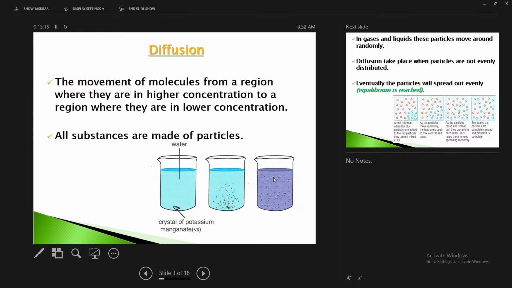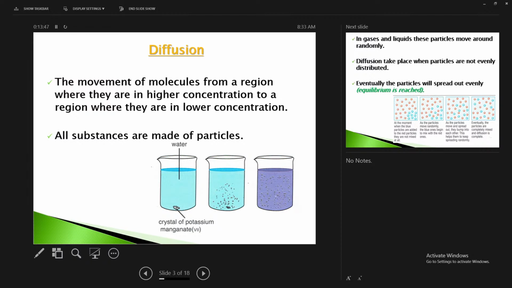So when we're looking at diffusion and we're using the terms higher concentration and lower concentration, we're basically talking about where you have a lot of that particular substance and where you have a small amount. The area where you have a lot of that substance would be the place of high concentration. And the section where you have a small amount would be the place of lower concentration for that particular substance.